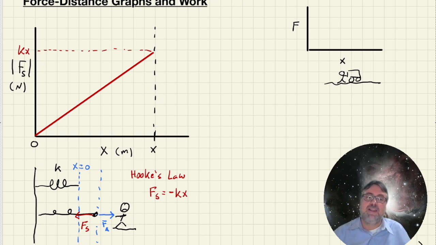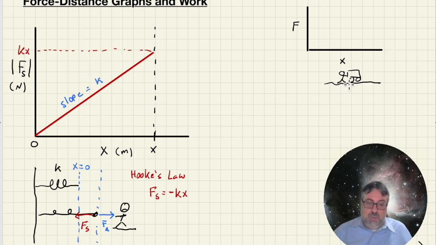Now, interestingly, the slope of this line is going to be equal to the force of the spring divided by the displacement X, which is going to give me the constant K. So the slope of this line must be equal to the spring constant K.